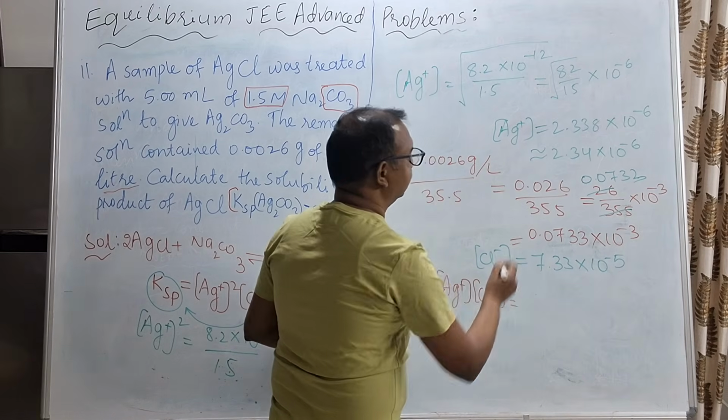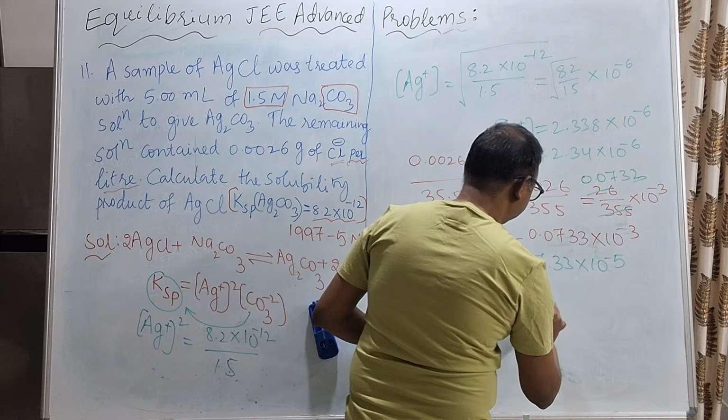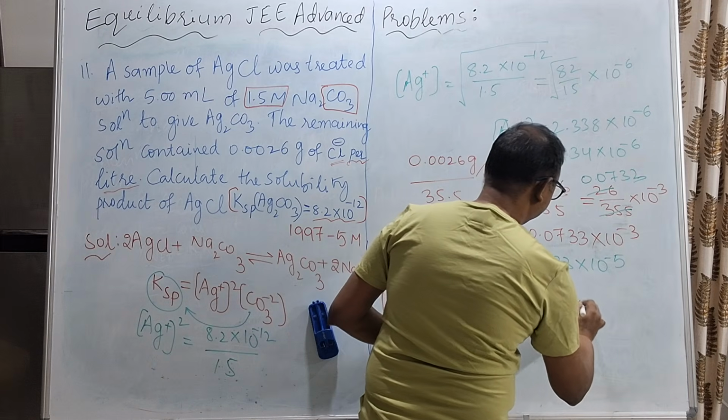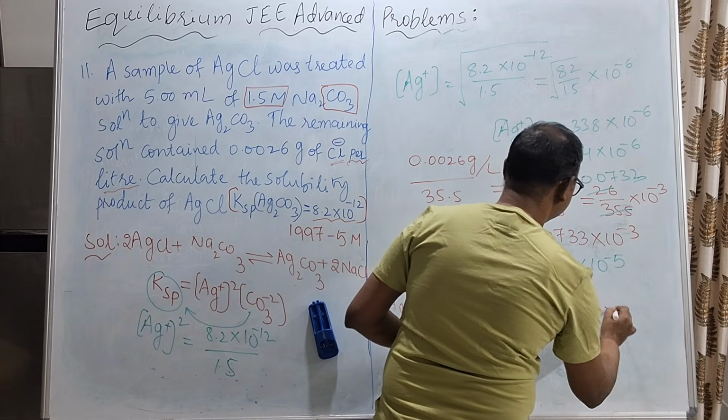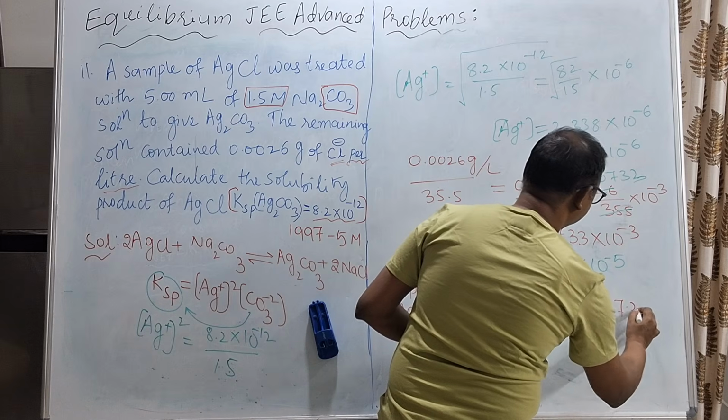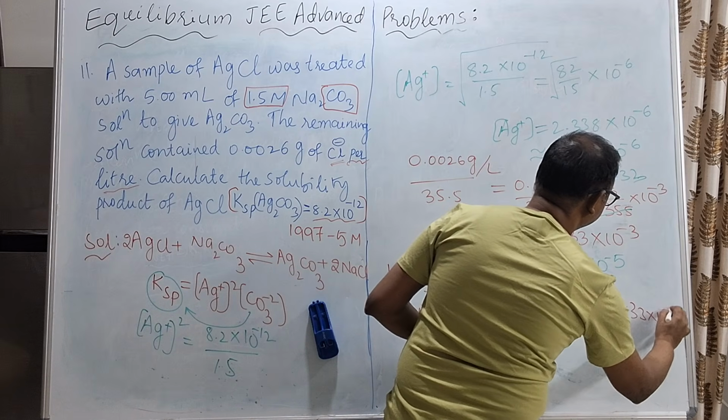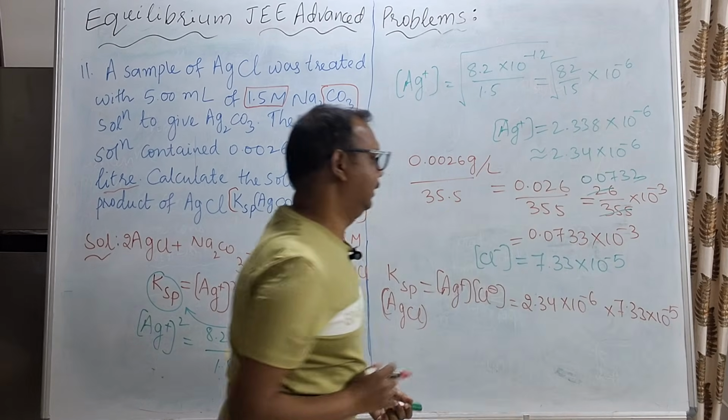Then substitute the values: 2.34 into 10 power minus 6 into 7.33 into 10 power minus 5.